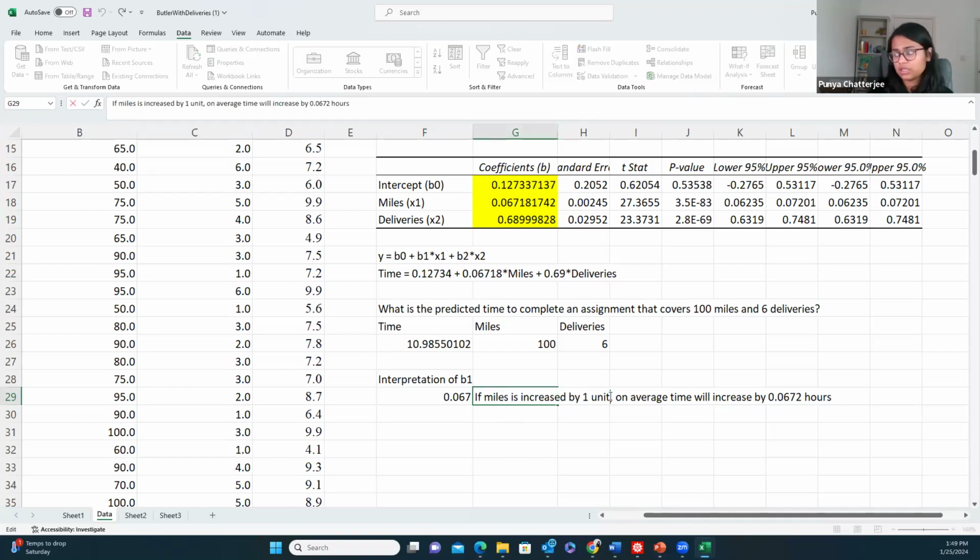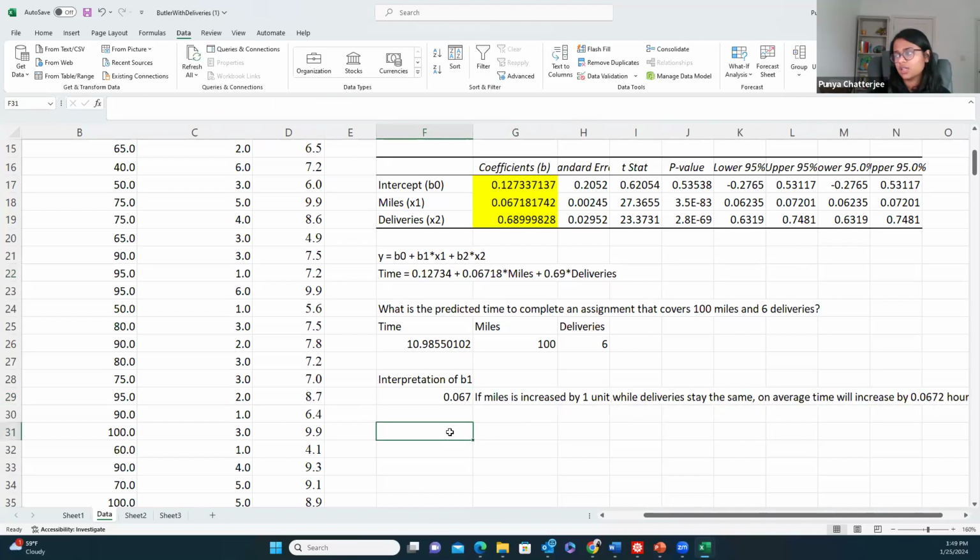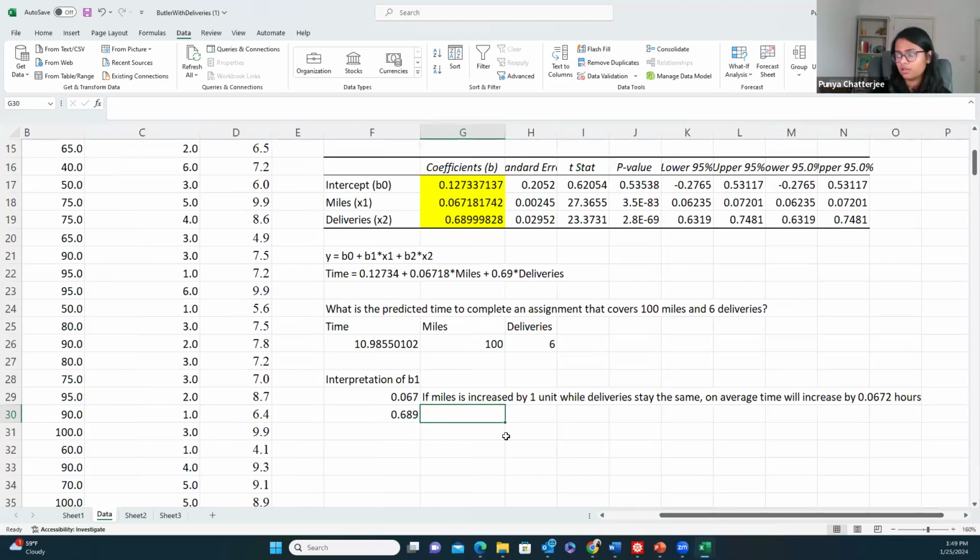So you're going to say if miles is increased by 1 unit while deliveries stay the same. Does that make sense? So for example, what would be the interpretation of 0.689 then? Can anyone follow through the same logic and let me know?